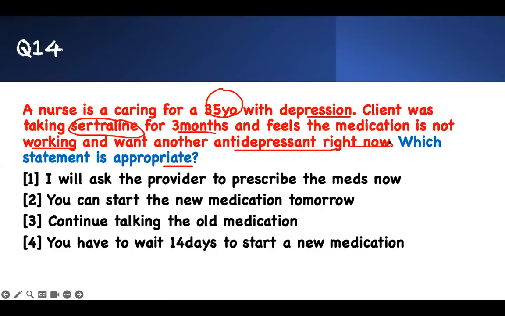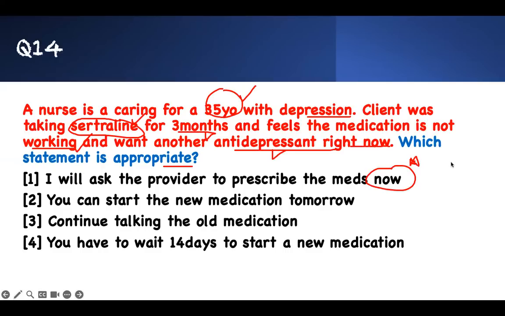So I'm 35, taking an SSRI for 3 months. It's been long, right? And nothing is working. I need another medication right now. What would you tell them? I will ask the provider to prescribe the medication now. Wrong idea.